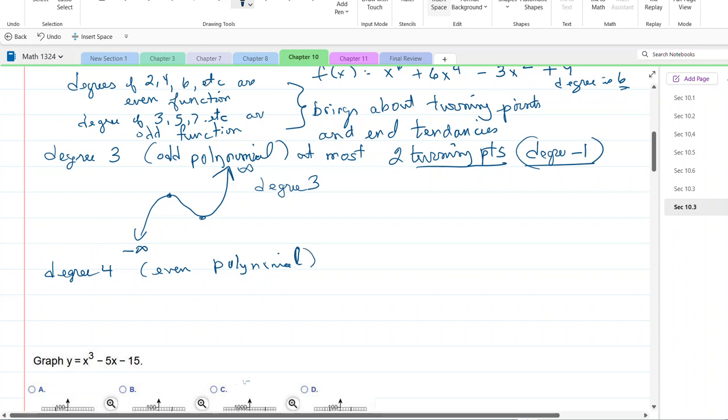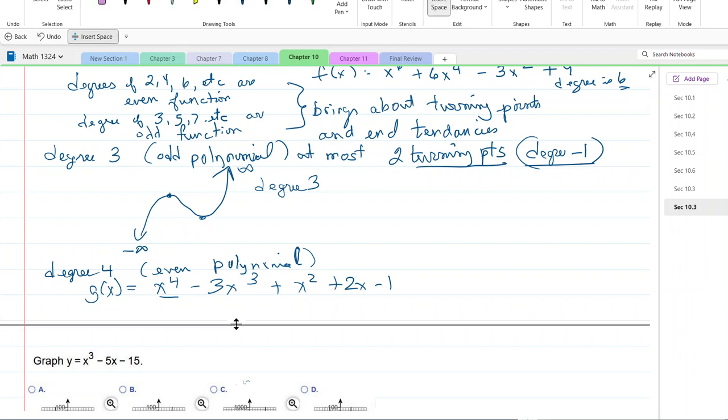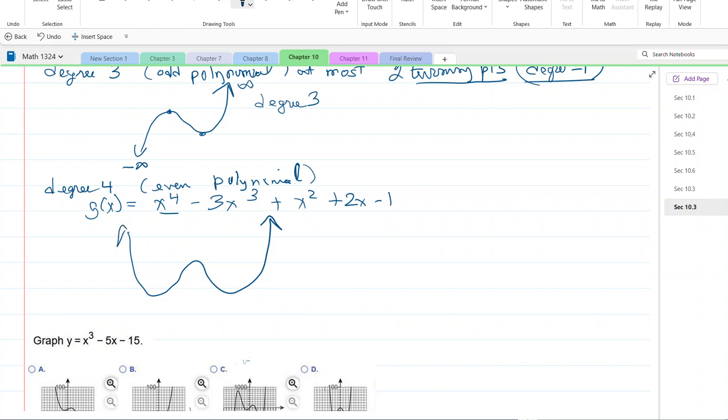Well, then we have, supposing we have g of x equals x to the 4 minus 3x cubed plus x squared plus 2x minus 1, whatever. Okay, we have that guy happen. Well, that means that our graph goes like a W. Right.